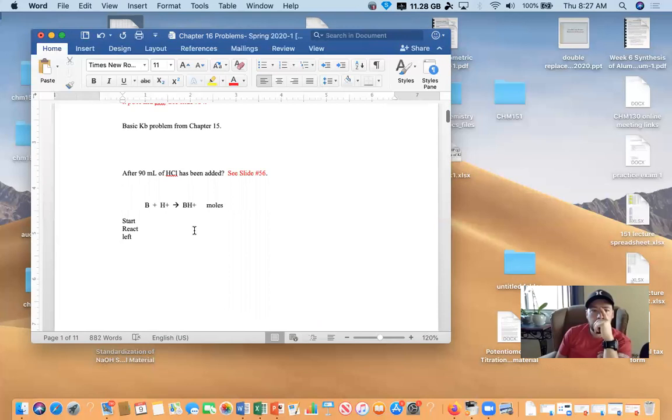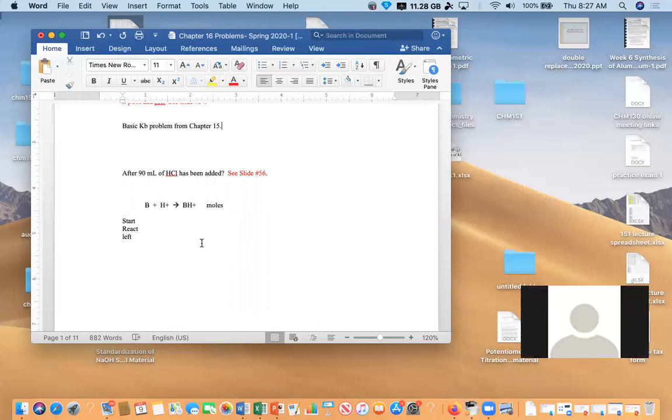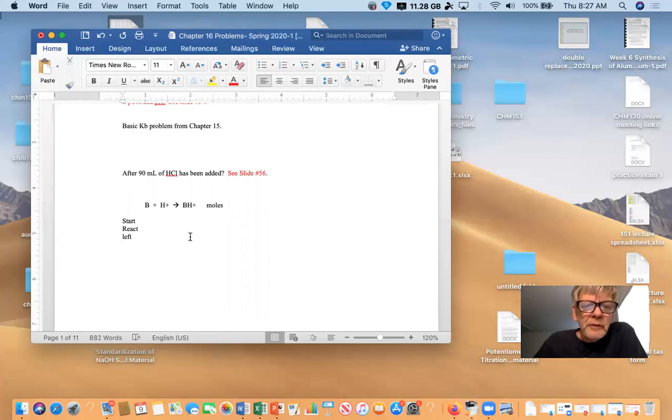And we should find on this one that we're left over with some base and its conjugate acid. We're left over with two things. So you always focus on what you're left over with. If you're left over with two things and they're a base and its conjugate acid, we do a Henderson-Hasselbalch. So I think on this one you're left over with B and BH plus.